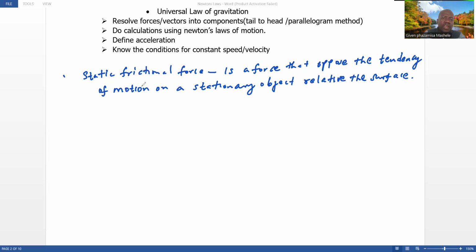So a static frictional force, as I said, is the force that opposes the tendency of motion on a stationary object relative to the surface.